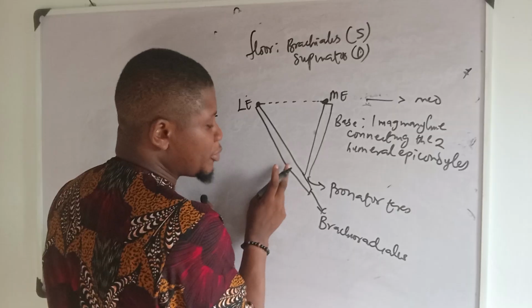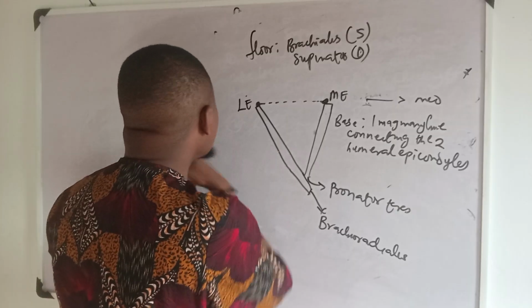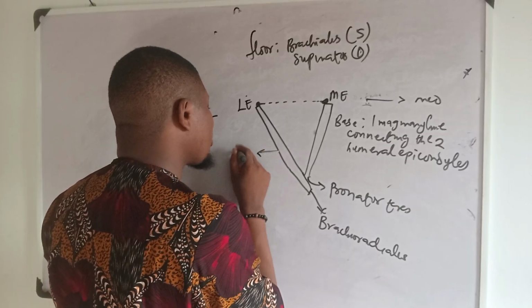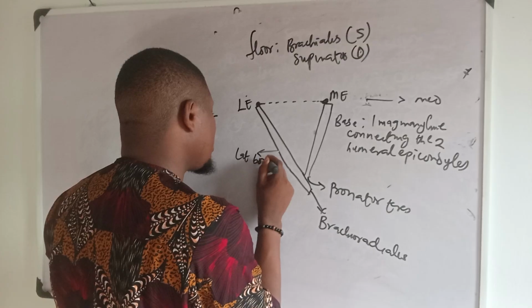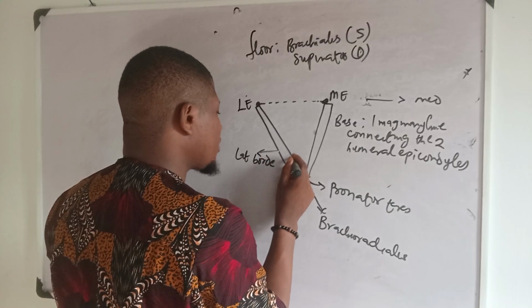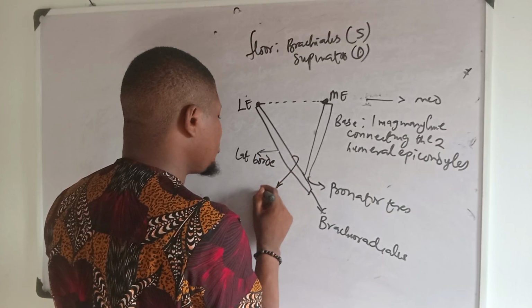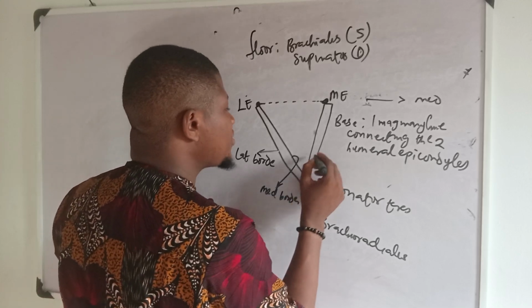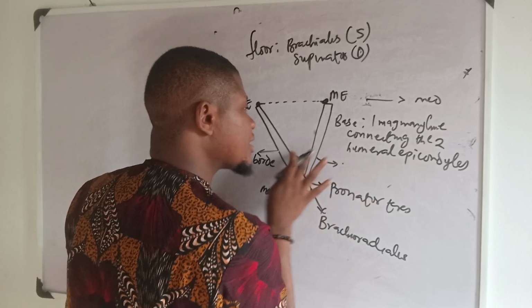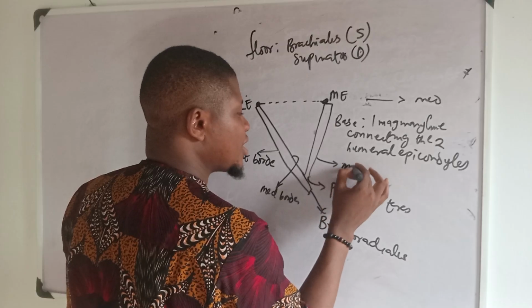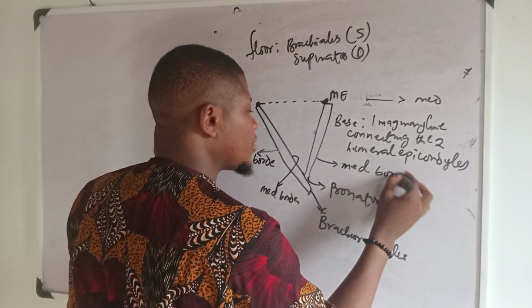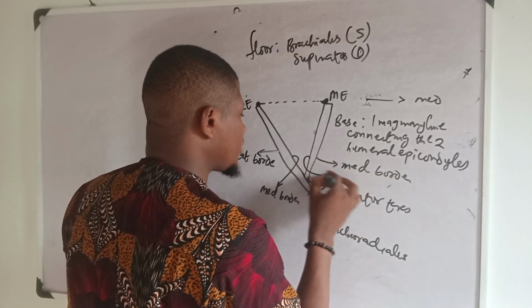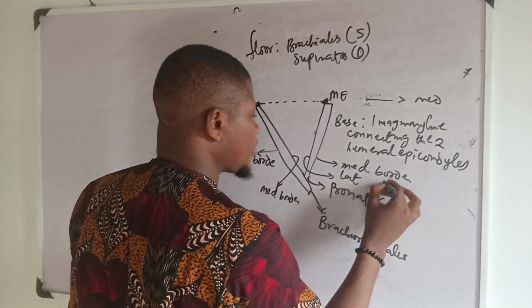If you look at this, this is brachioradialis. This side is lateral, so this is the lateral border of this muscle, and this is the medial border. The same thing with this one: this is its medial border on the medial side, and this is the lateral border.